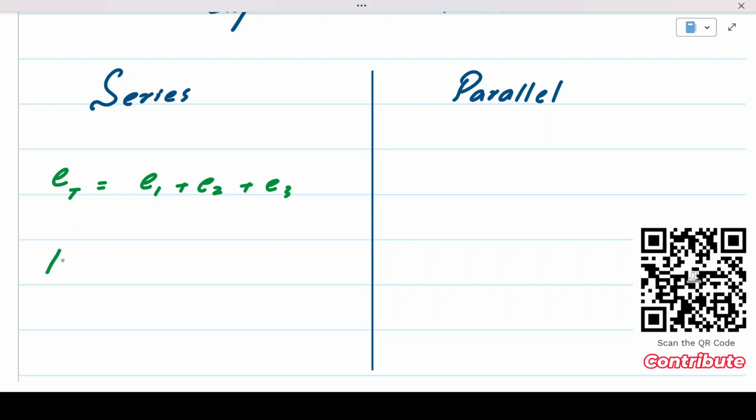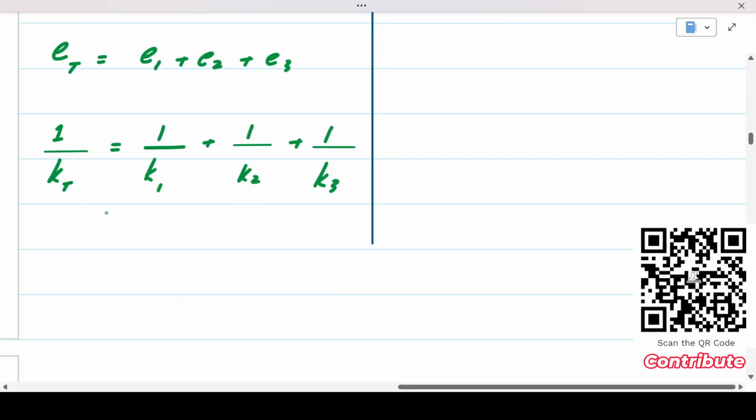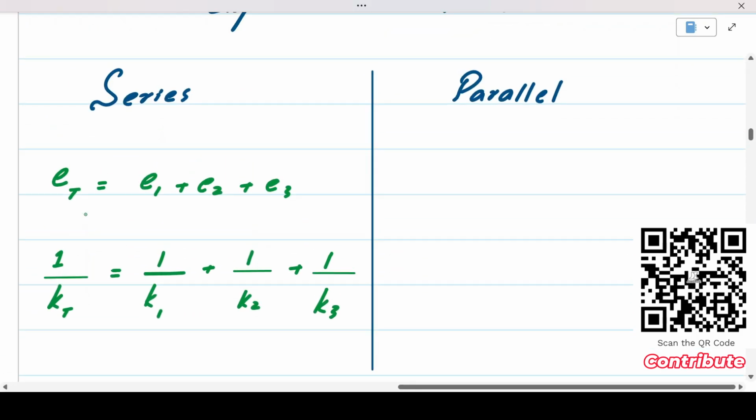Likewise, the total spring constant in series is found by the reciprocal method. 1 over the total spring constant equals 1 over k1 plus 1 over k2 plus 1 over k3. If you have two springs, then 1 over k1 plus 1 over k2, or you can use the shortcut product over sum.